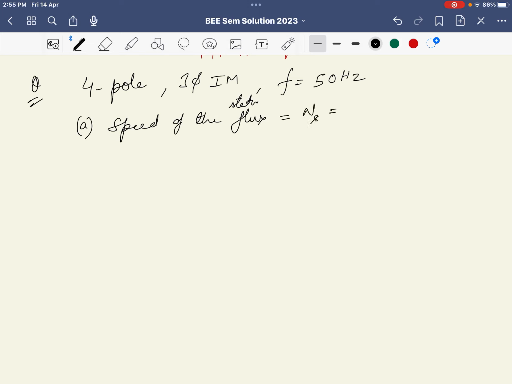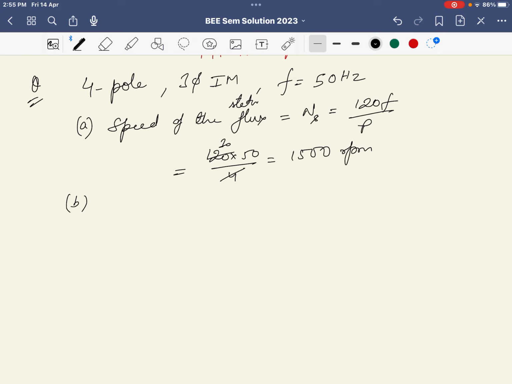We can call it ns, and the formula is 120 f by p, which is 120 into 50 divided by 4. It comes to 1500 rpm.